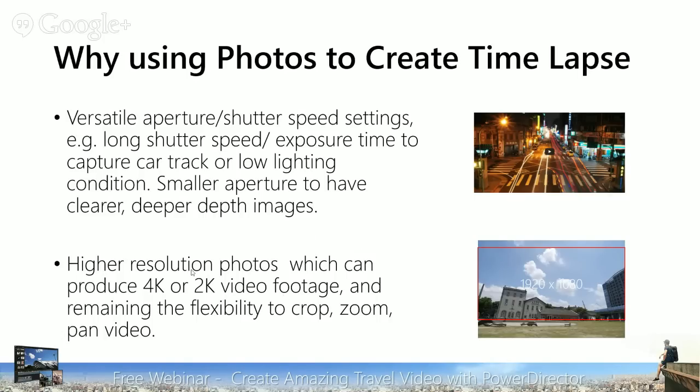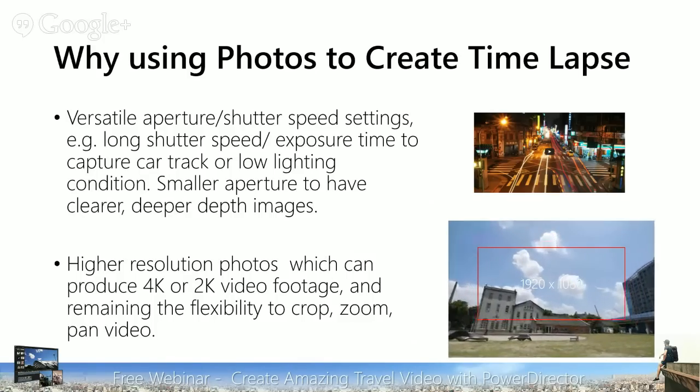Right? And the second one is that if you're taking time-lapse from photos, the photo resolution you get is usually much higher. For example, a 2 million pixel photo is already like a 2K-ready video resolution, not to mention that now most cameras take photos of 12 million pixels, etc. So if you have this kind of higher resolution source, you can generate a higher resolution time-lapse video.